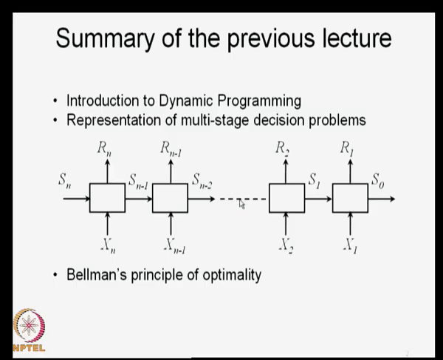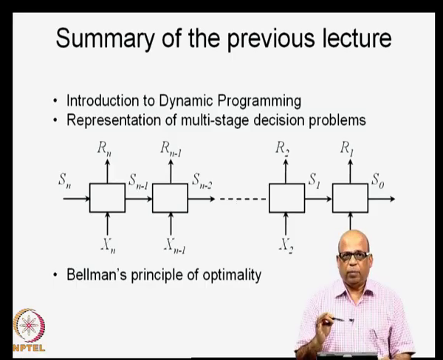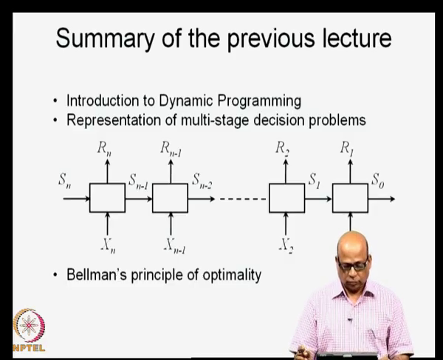That means, as long as you know the state in a particular stage, you proceed in an optimal manner starting with that state. Do not worry about how you arrived at that state. So, given the state at a particular stage, you must proceed in an optimal manner until the end of the horizon. This horizon can be space, it can be time, and so on.